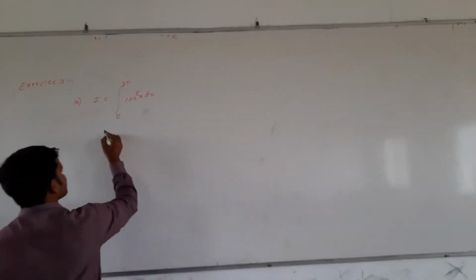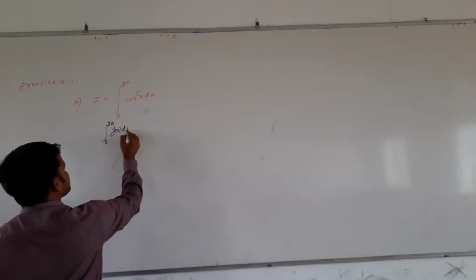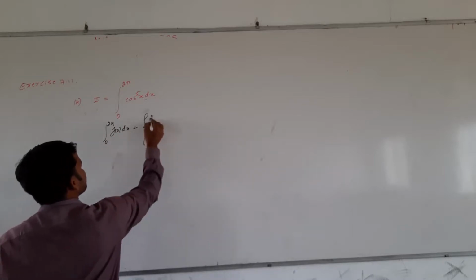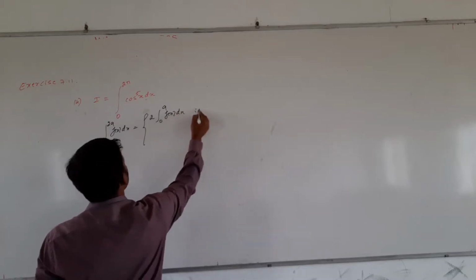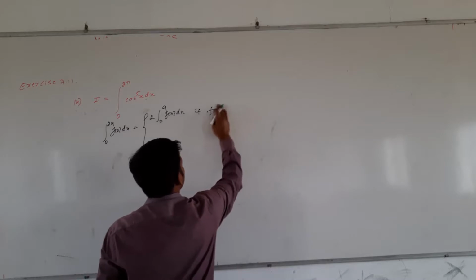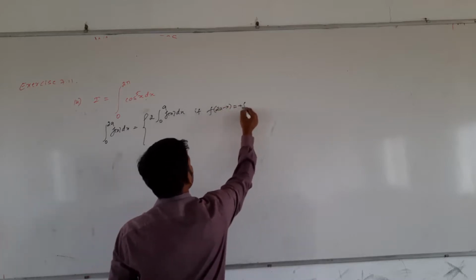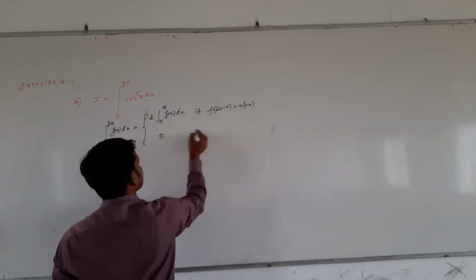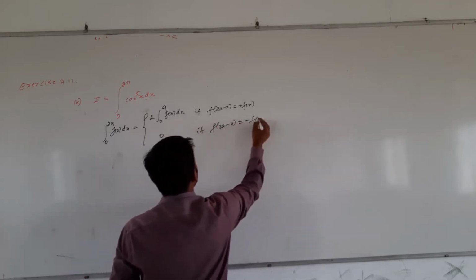What does property P6 say? The integral from 0 to 2a of f of x dx is equal to 2 times the integral from 0 to a of f of x dx if f of 2a minus x is equal to plus f of x. This is 0 if f of 2a minus x is equal to minus f of x.